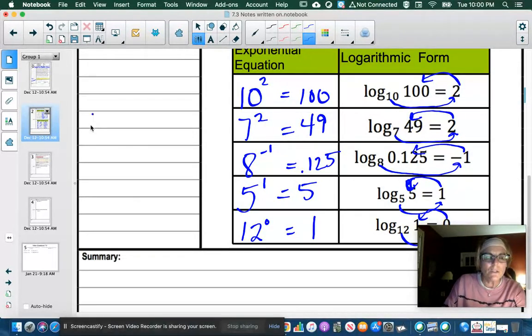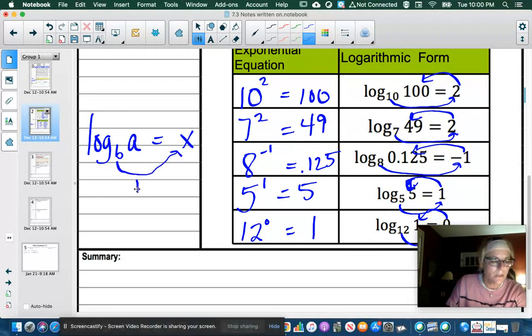I'm going to write a little note over here. My little rule of thumb is when I go from log to exponential, I start with the base, like I said, b, and we go b to the power of x is a.